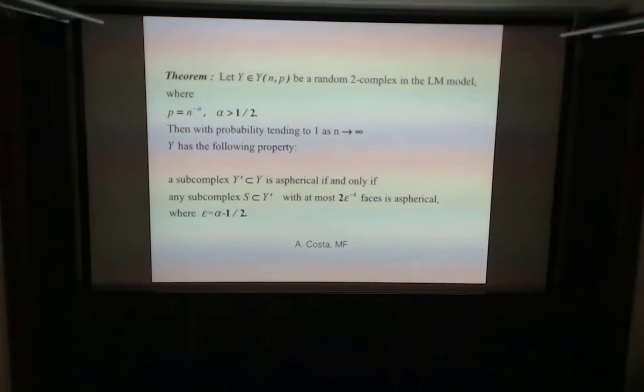More precisely, a subcomplex Y' is spherical if and only if any subcomplex of Y' with at most epsilon-many faces is spherical, where this epsilon is a fixed number which depends only on alpha.